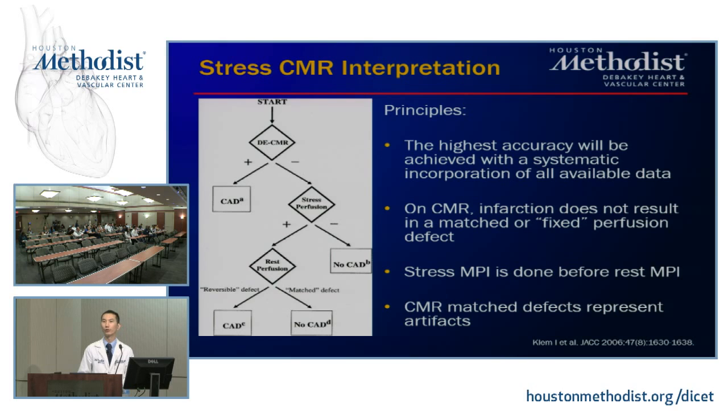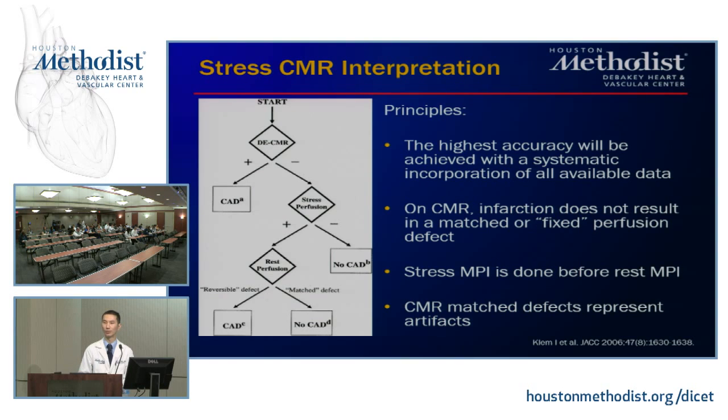So that's a very good question. It actually leads us down a different pathway because often this algorithm is to determine whether or not CAD is present. In that situation, if we find that we've delayed enhancements in a different pattern than anticipated for myocardial infarction, then this could be due to any number of other reasons.